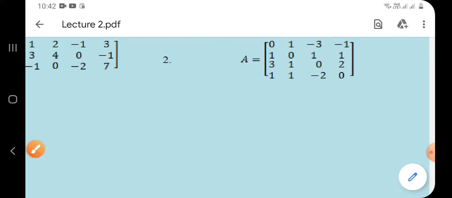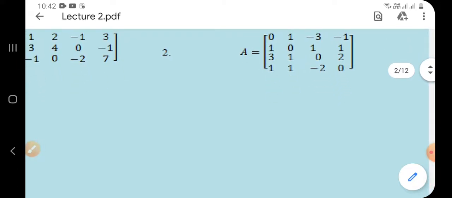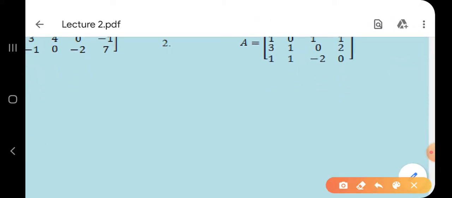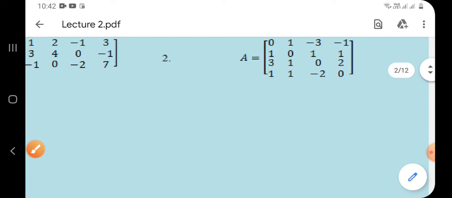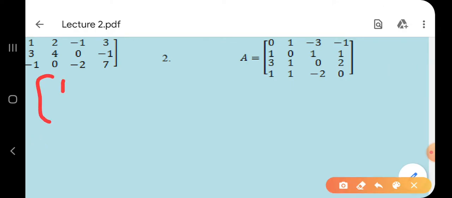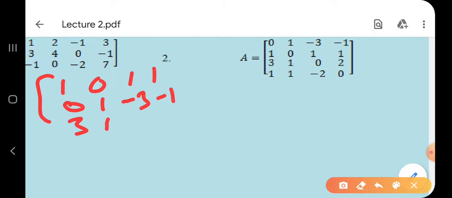So what is my first row? 1, 0, 1, 1, then 0, 1, minus 3, minus 1, then 3, 1, 0, 2, and 1, 1, minus 2, 0.